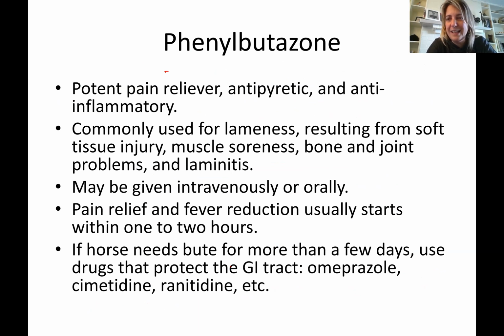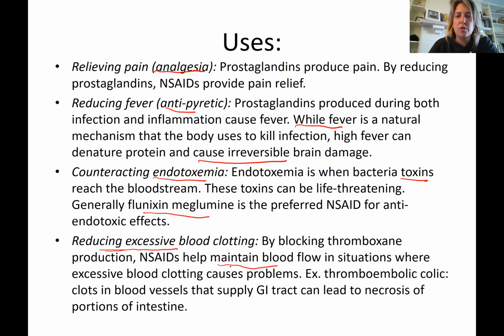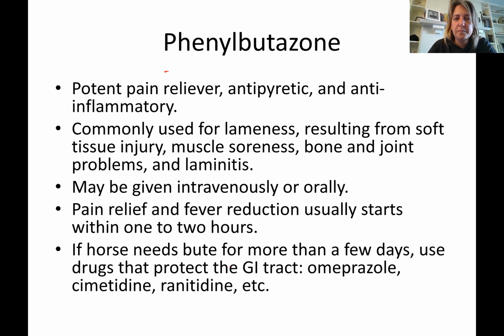Phenylbutazone can be given IV, or orally as a paste or as tabs. Banamine is IV, and you can also give it as a paste. Some people give the IV formulation of Banamine in the mouth of the horse.